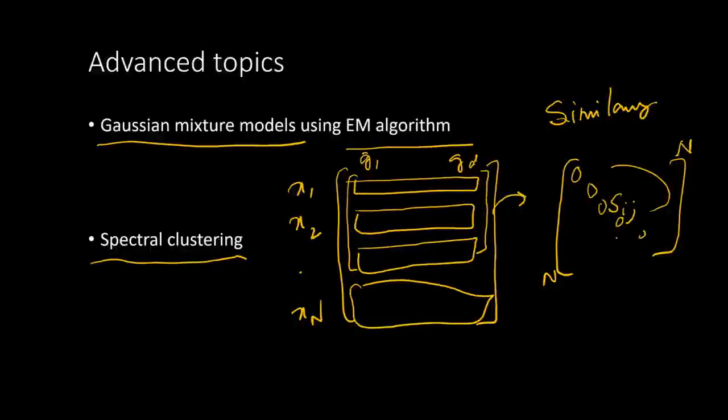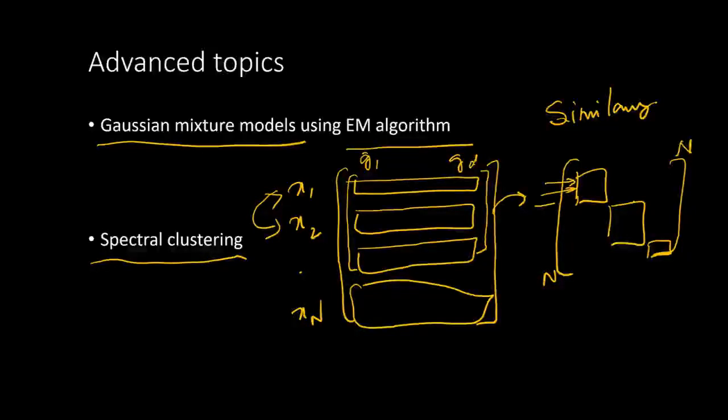Okay, so now with this we can rearrange the rows and columns of this similarity matrix such that it has a block structure. We have a block with a bunch of high values, then another block with a bunch of high values, and then another block with a bunch of high values. So all we are doing is permuting rows and columns, so that the rows that appear together and the columns that appear together belong to one cluster, and the rows that appear in this block belong to one cluster, and so forth.